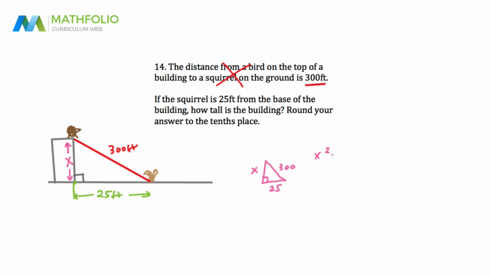So basically x squared plus 25 squared equals 300 squared, and that comes from our Pythagorean theorem. So when you start to solve this, x squared equals 300 squared minus 25 squared.